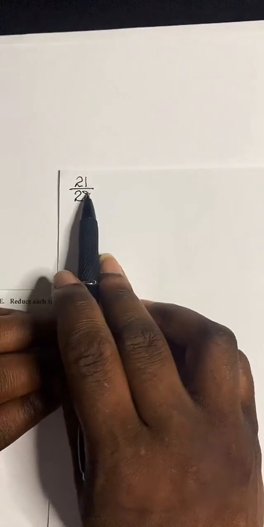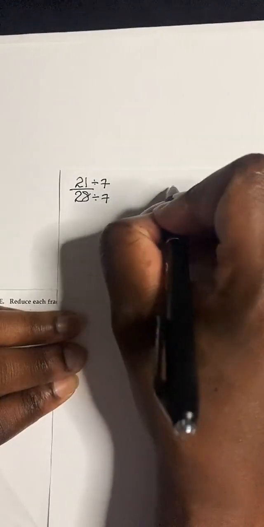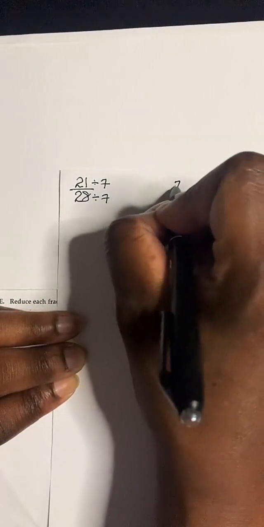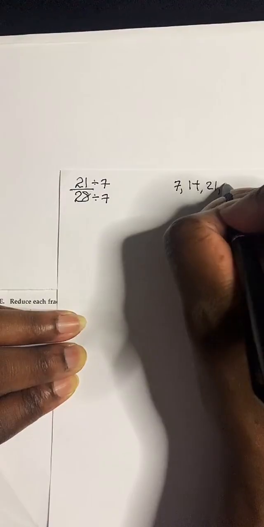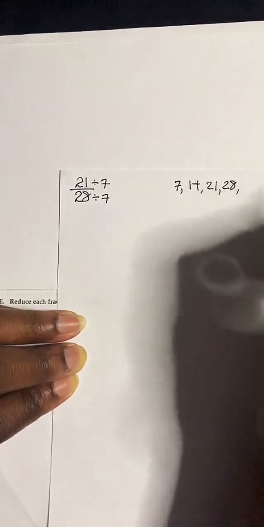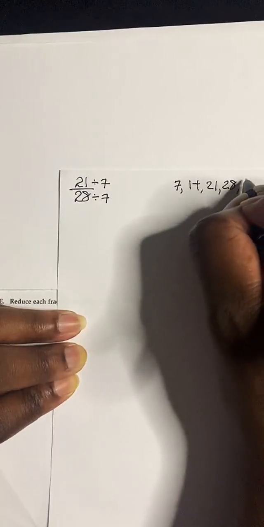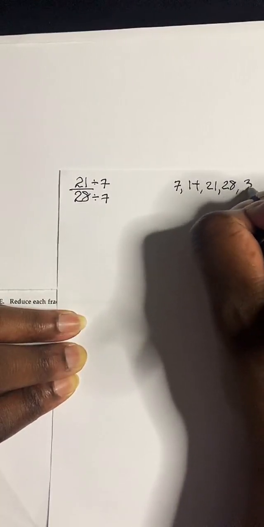So 21 and 28 both have 7 in common. Again, really getting to know that multiplication table. Because if you think about it, in the 7 times table, you have your 7, your 14, your 21, your 28, and your 35.